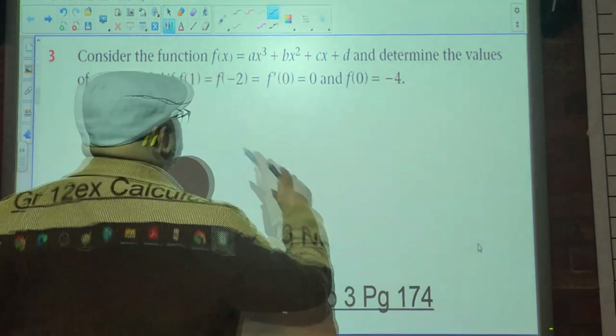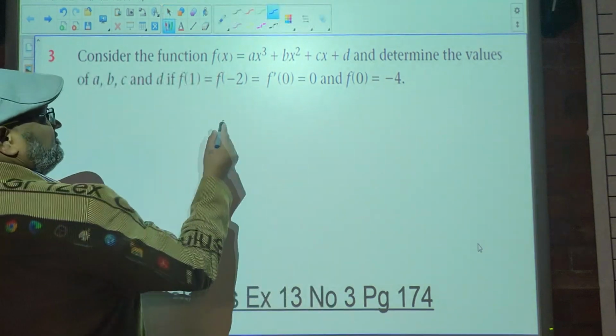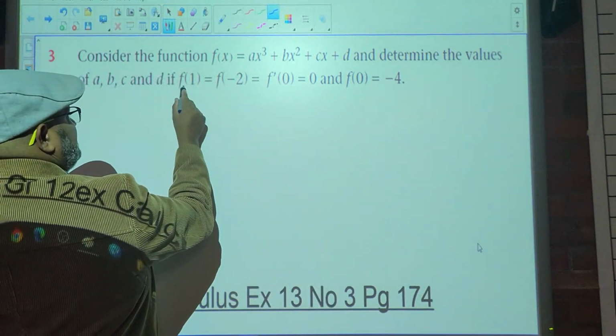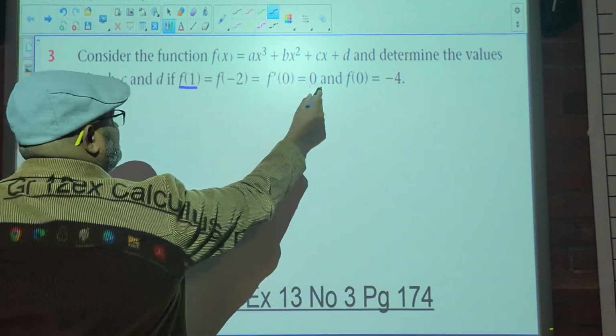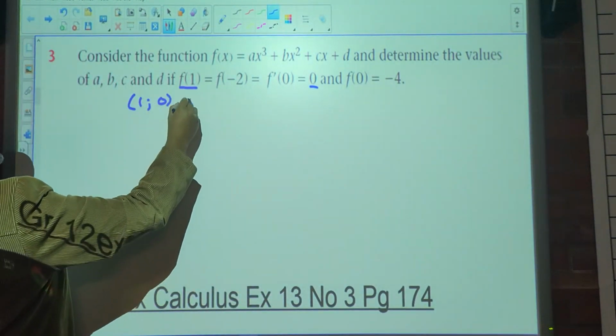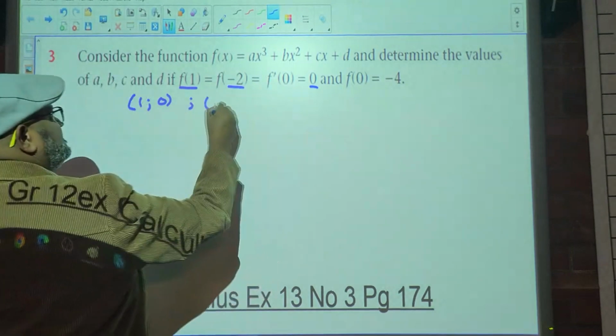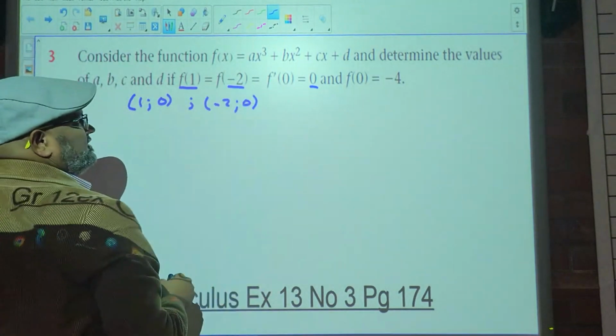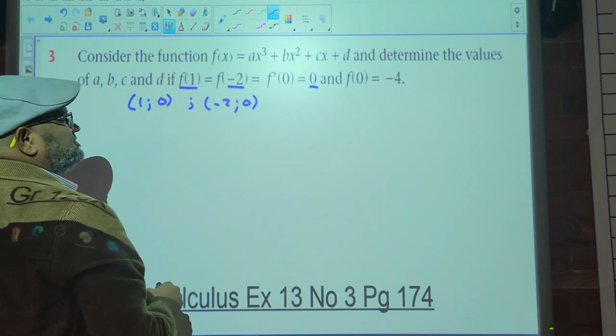equals negative 4. So to unravel this, what we have is that if x is 1, y is 0. And if x is minus 2, y is 0, as you know, those are your x-intercepts.